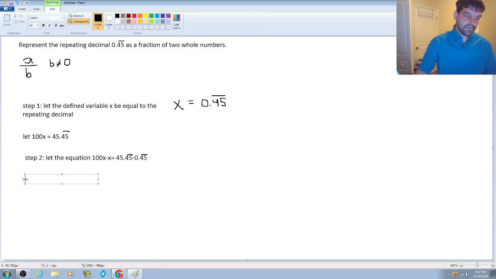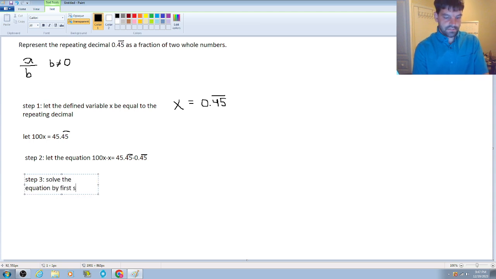So step 3 is to solve the equation by first simplifying the left and right sides by combining like terms.